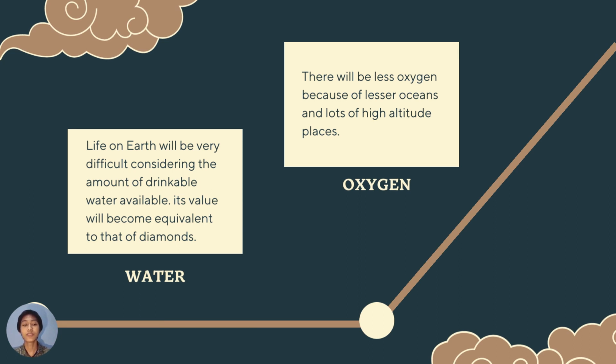The impacts are listed here. Life on Earth will be very difficult considering the amount of drinkable water available. Its value will become equivalent to that of diamonds. Water will be very scarce and very expensive. I mean the drinkable water that normal living beings such as humans and animals can drink, not salt water.